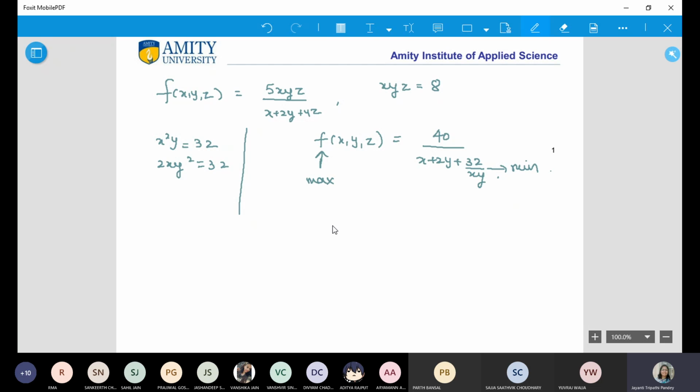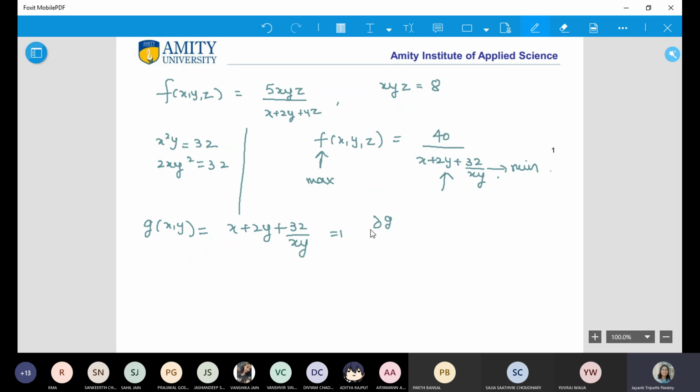I hope that understanding is clear. Okay, so let us assume this as g. I think I had given this as g. So g(x,y) is x plus 2y plus 32 upon xy.